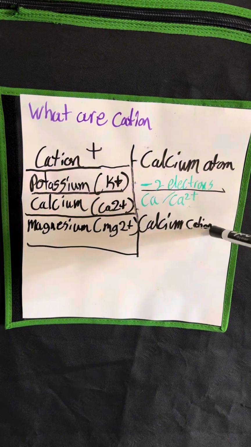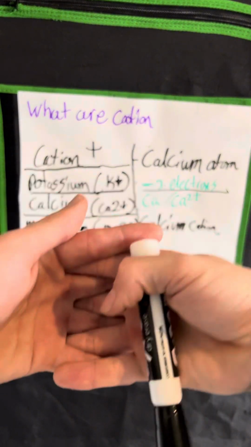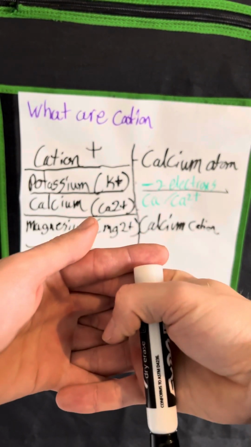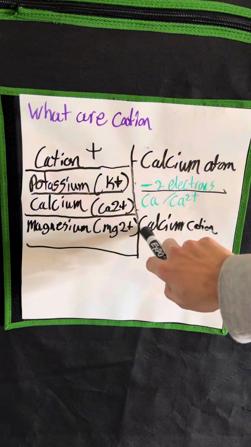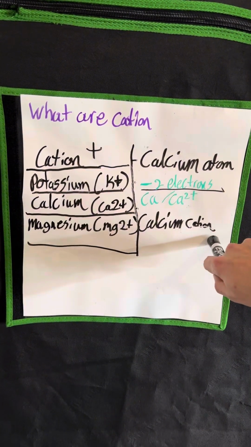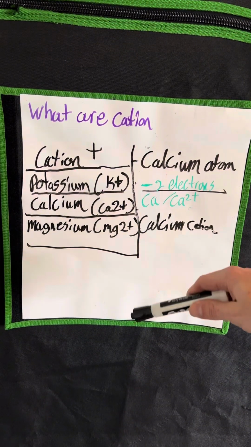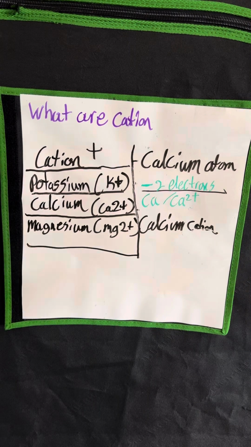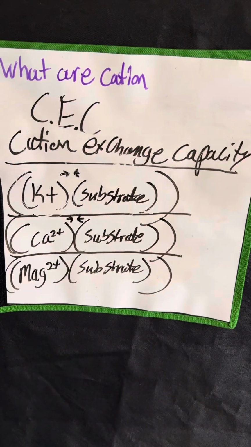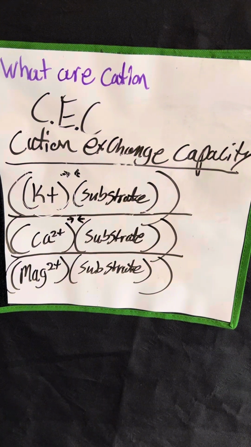Since the cation is positively charged, they naturally attract each other, lock onto each other, and hold on to make a bond. So our calcium cation naturally attaches to our negatively charged substrate.